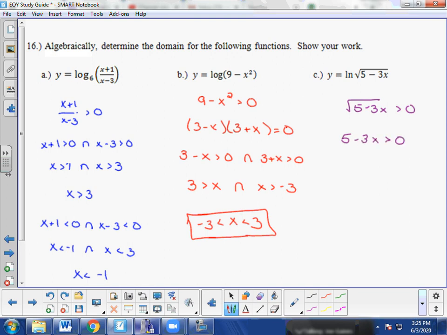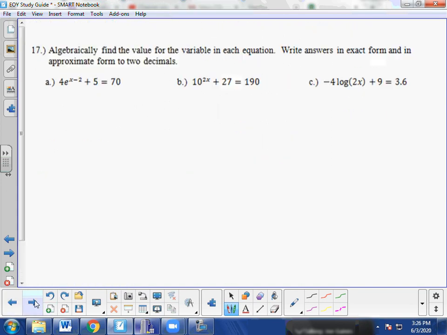So 5 minus 3x has to be greater than 0. So I could add 3x, so 5 is greater than 3x, divide by 3, so x is less than 5 over 3. So if we want to find the domain for a logarithm algebraically, we set the input value greater than 0, and then solve for x.